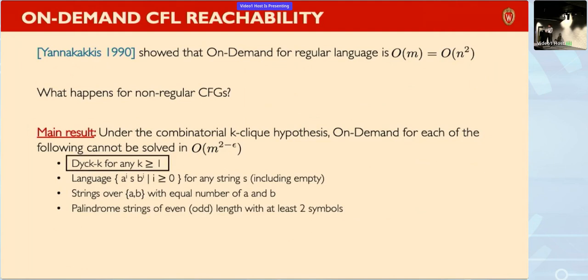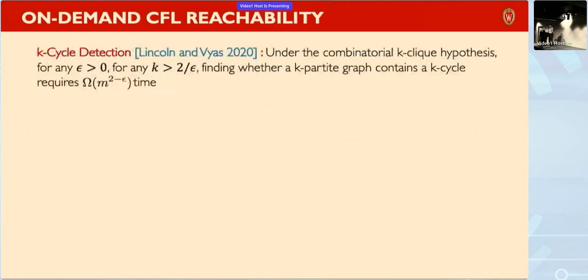So let me quickly sketch the reduction for the first part. We use the k-cycle detection hypothesis for this particular reduction, which says the following. Assuming the combinatorial k-clique hypothesis, for any epsilon greater than 0, there exists a k-partite graph where finding a k-cycle requires quadratic time.